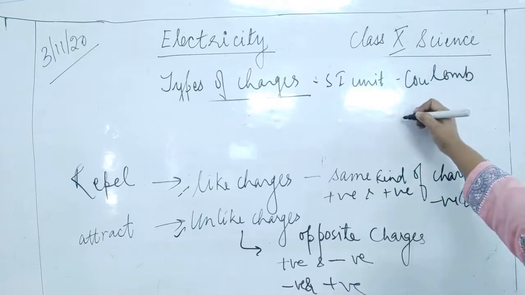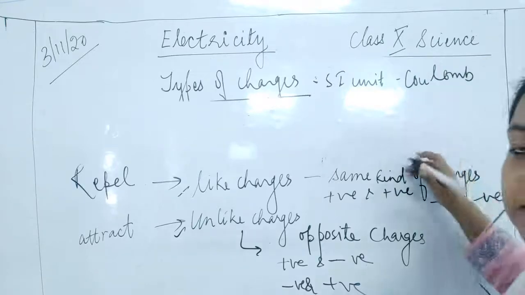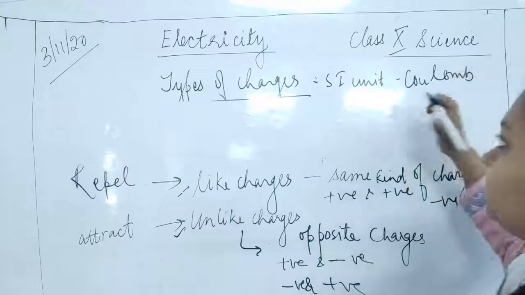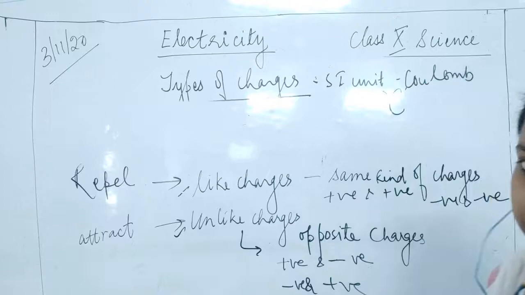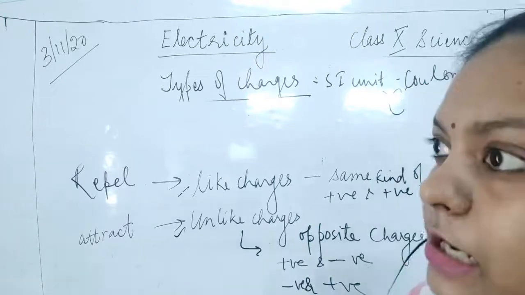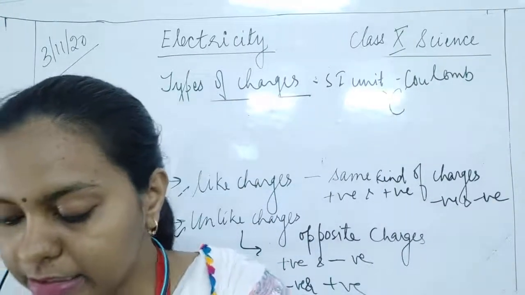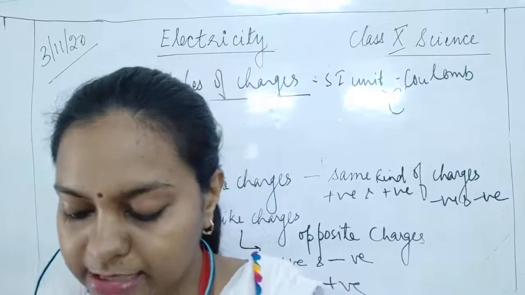How can we write this coulomb? By denoting it with capital C. Okay, fine. Now this coulomb is denoted by the letter C. It is defined as a unit of charge.